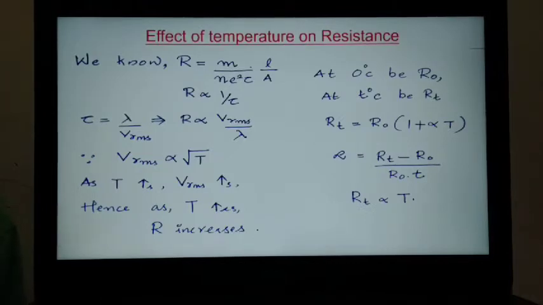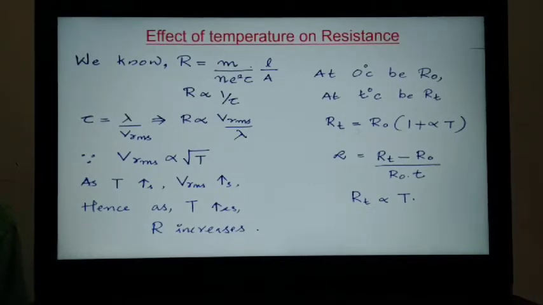At 0 degrees Celsius, we can show with a mathematical expression how resistance varies with the absolute temperature. At T equal to 0 degrees Celsius, the resistance will be R0, and at T degrees Celsius, the resistance will be RT.